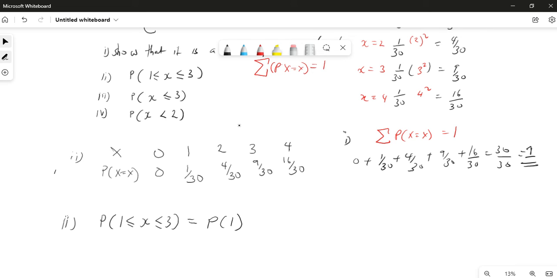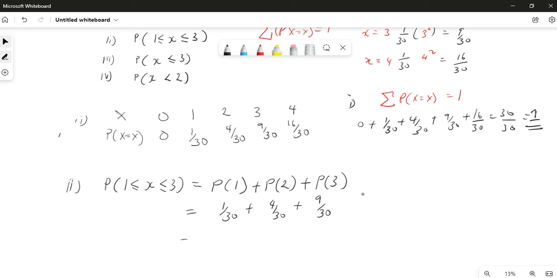So this includes the probability of a random variable being 1, because it's greater than or equal to 1, the probability that a random variable is 2, and the probability a random variable is 3. Okay? Because it's less than or equal to 3. So the probability of a random variable being 1 is 1 over 30, plus the probability of a random variable being 2 is 4 over 30, plus probability of a random variable being 3 is 9 over 30.